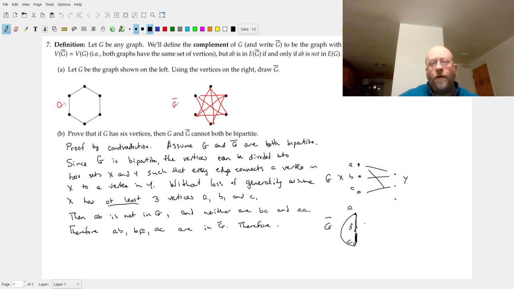So therefore, G bar contains an odd cycle. But we have a theorem that says a bipartite graph does not contain any odd cycles. This is a contradiction.